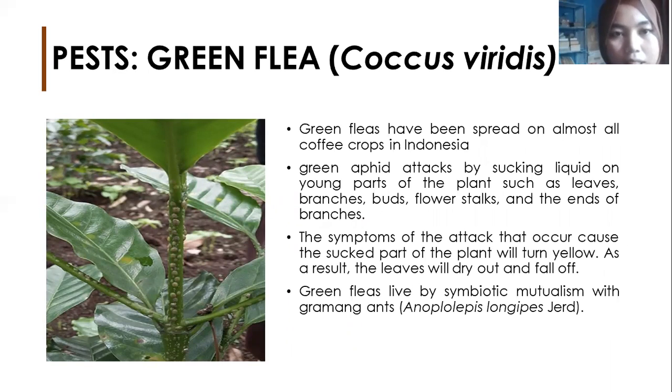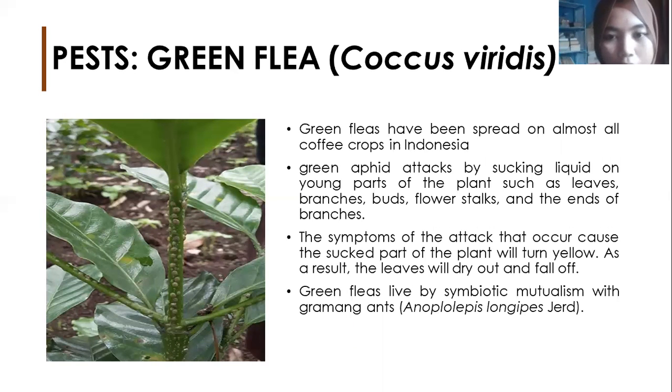Okay, this is the green flea, Coccus viridis. Green fleas have spread in almost all coffee crops in Indonesia. Green fleas attack by sucking liquid from young parts of the plant, such as leaves, branches, buds, flower stalks, and the ends of branches.